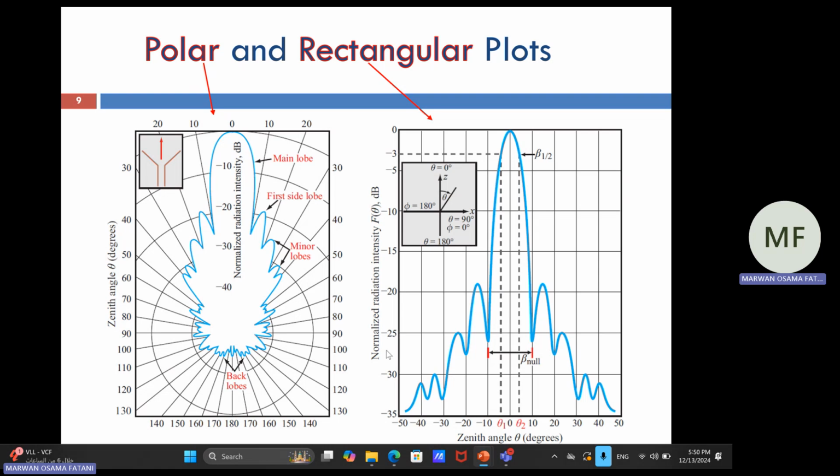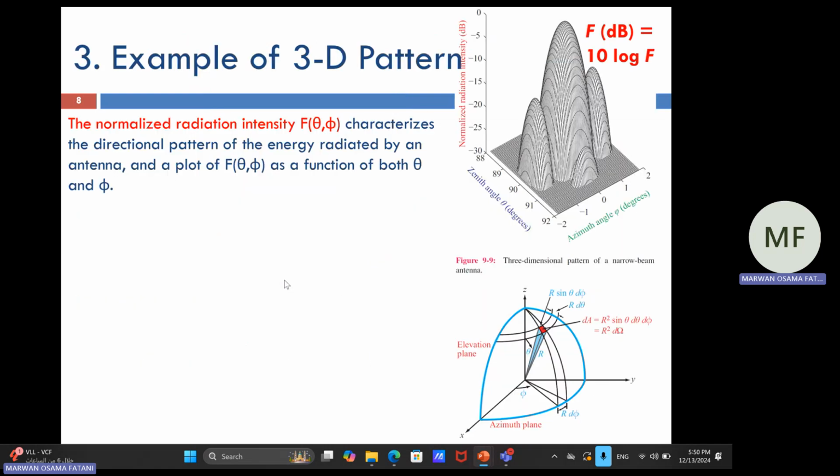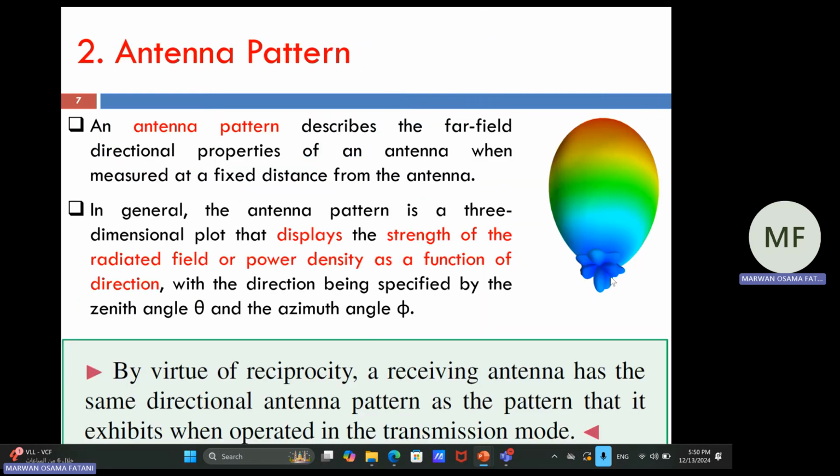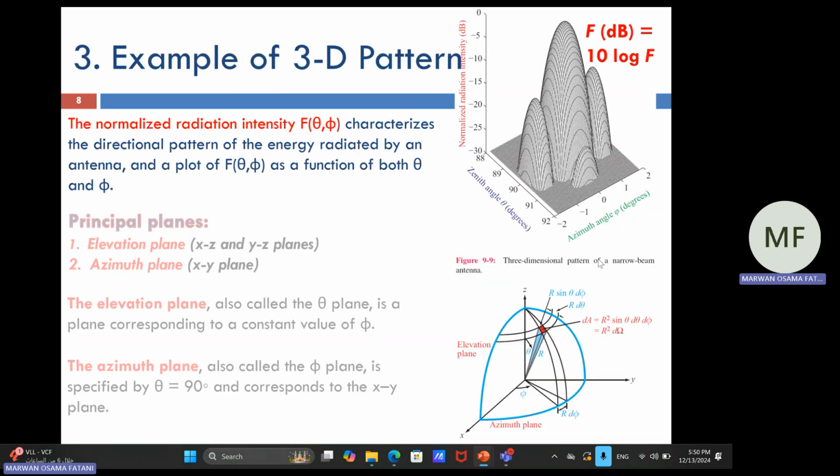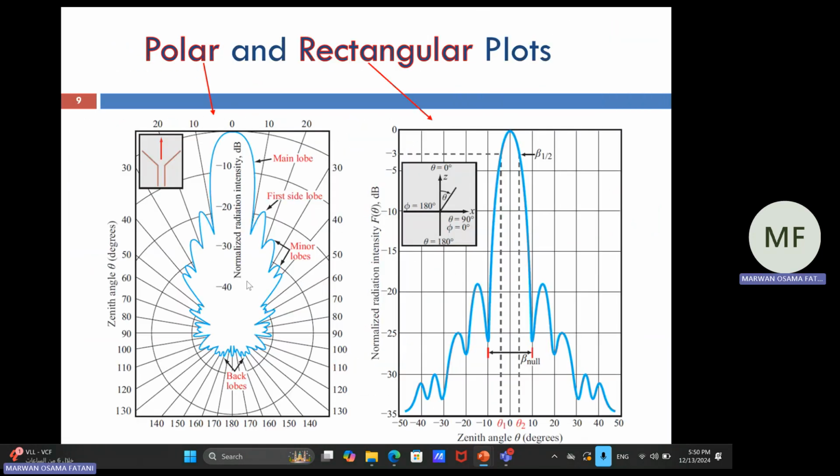In the rectangular plot, we have the normalized radiation intensity in decibels, and then we have the x-axis as the zenith angle, theta, in degrees. If you look carefully at this pattern, it actually looks quite similar to the one right over here with all of these small directions, which is also in dB. We're always working in dB.